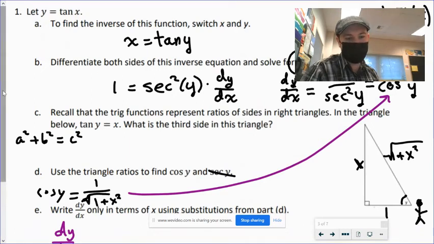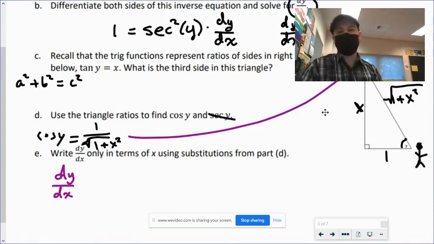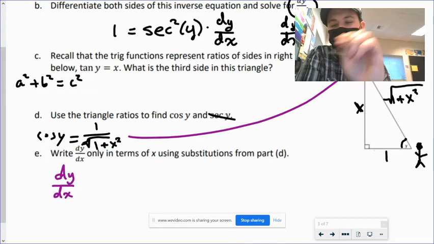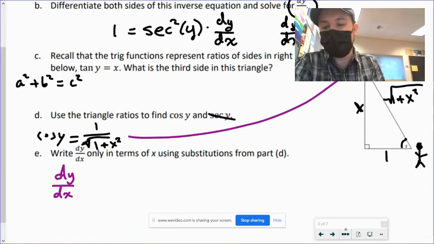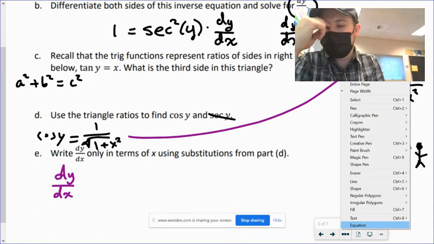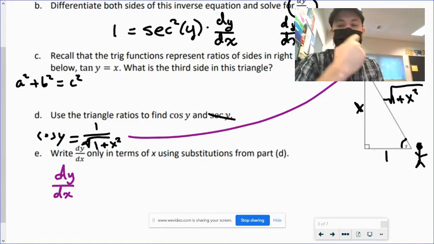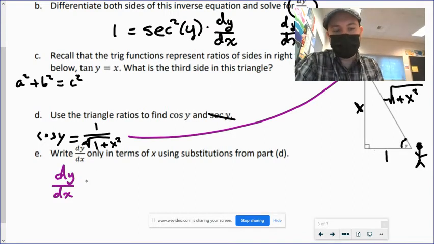All right, so where we were before. We were going to make a substitution. I know that the derivative of y with respect to x is equal to cosine squared y. I'm just not satisfied with it being in terms of y. So instead, we drew this little right triangle, and we figured out that we can rewrite the cosine of y as 1 over the square root of 1 plus x squared. So what does that mean?